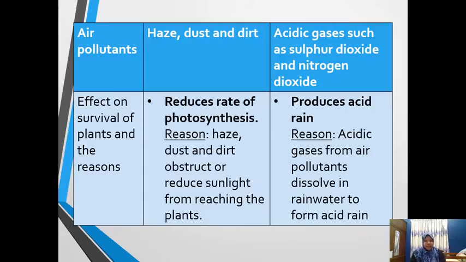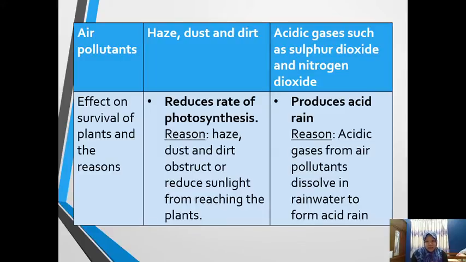So, as for the acidic gases such as sulfur dioxide and nitrogen dioxide, it will produce acid rain. So the acidic gases from the air pollutants dissolve in rainwater to form acid rain. So acidic gases ni kita tahu asalnya daripada kawasan perindustrian, ataupun kawasan bandar yang kadar penggunaan pengangkutan agak tinggi, di kawasan penanaman yang tidak dikawal.